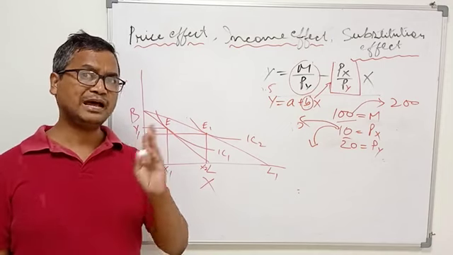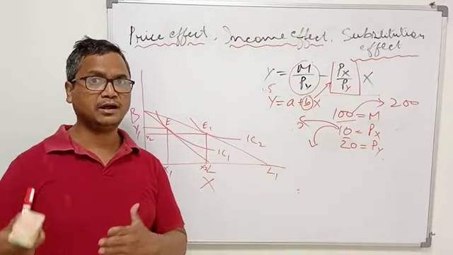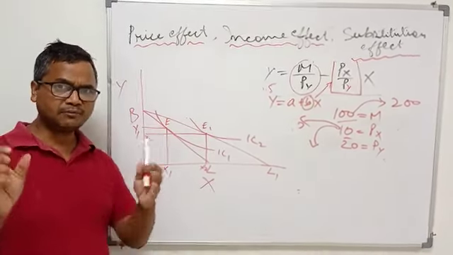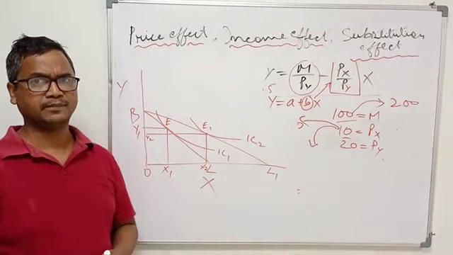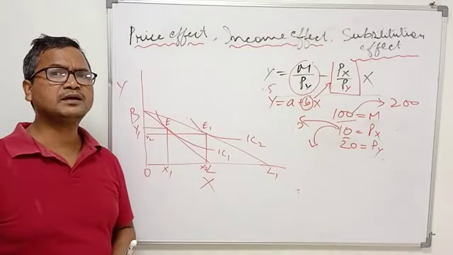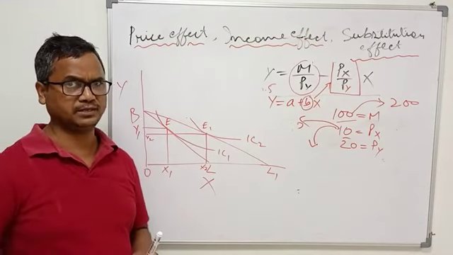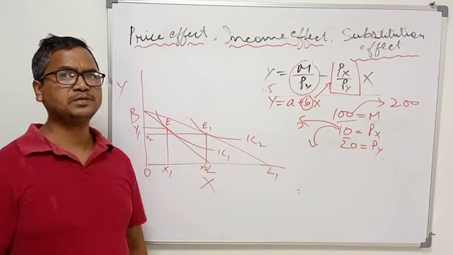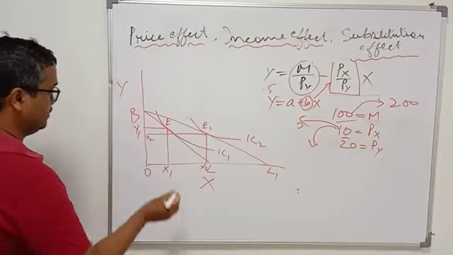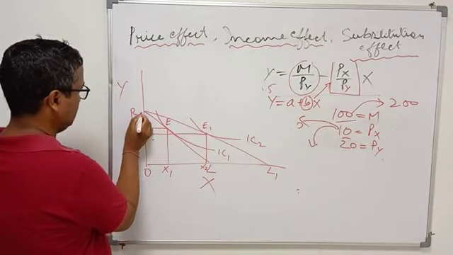Now, in order to nullify the effect of the increase in real income, let us assume that we take away money from the consumer in such a way that our target is to nullify the increase in real income, so that we can say his or her real income remains constant. How do we do that? We have to take away some money from the consumer so that he will be on a lower budget line in comparison to BL1.